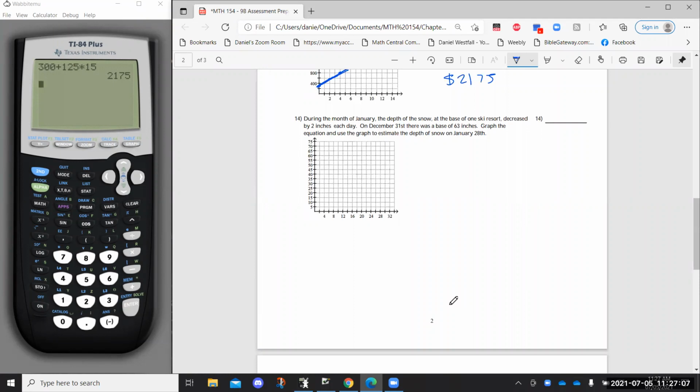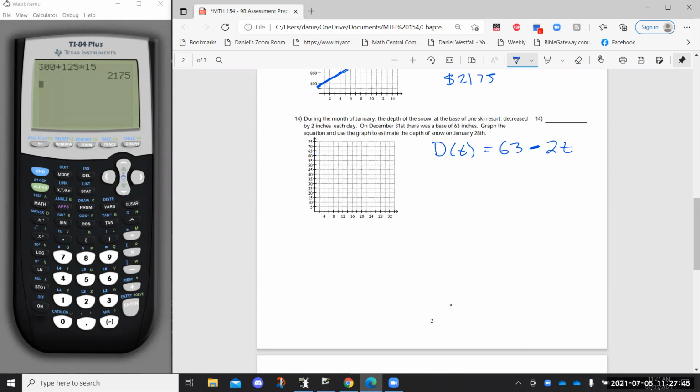Okay, so we've got the depth of the snow. D is the depth. It's going to start at 63 inches. It's going to lose 2 inches a day. Let's see here.